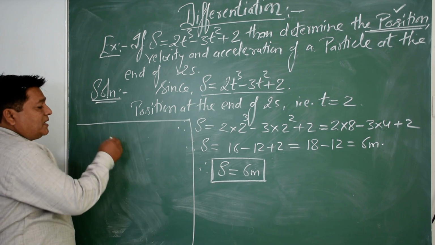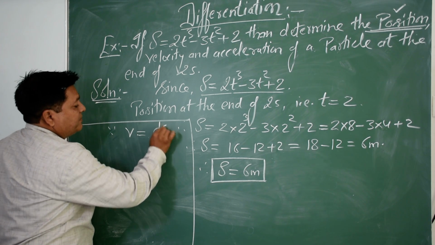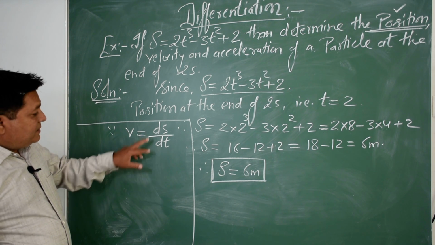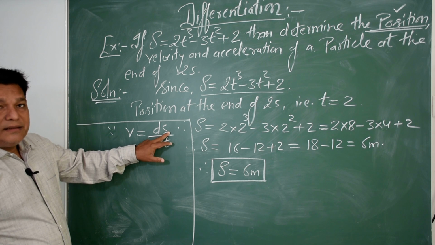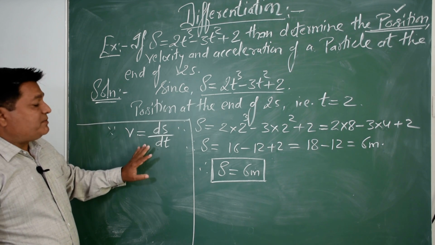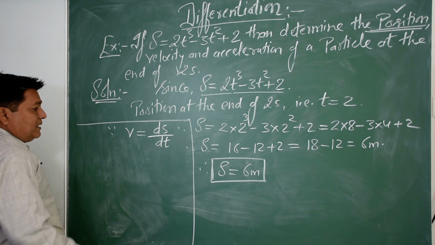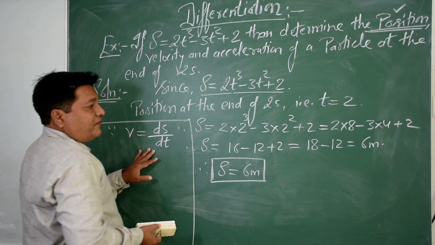We know this formula: v is equal to ds upon dt. ds upon dt means the differential coefficient of displacement s. We have to differentiate the given displacement with respect to time, then we will get the velocity. So let us try to find the differentiation of displacement.